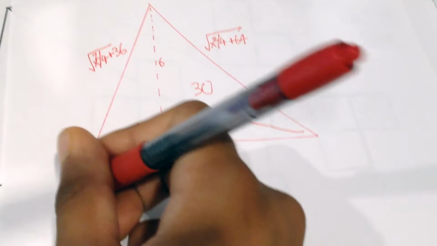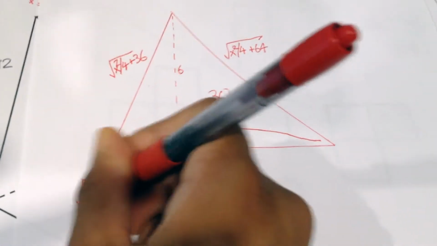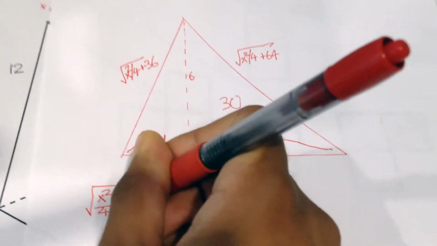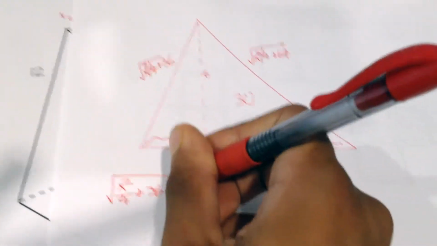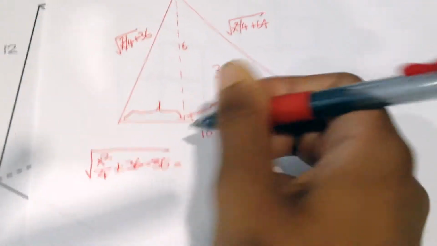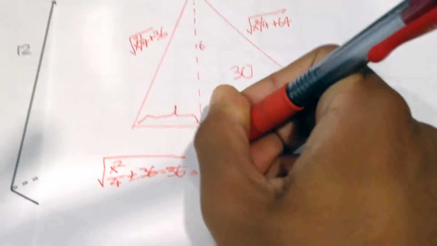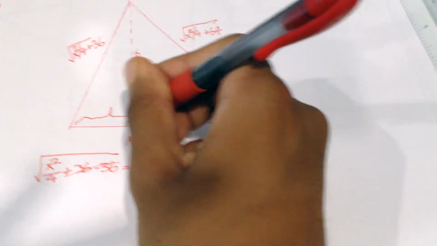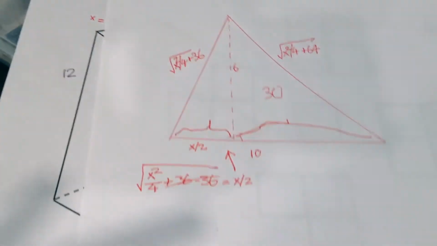So let's just write all of this out. We have x squared over 4 plus 36, and since this is one of the legs, take the square of that, which is 36, subtract it. So these two 36s cancel out, and we get that this small length over here is x over 2.